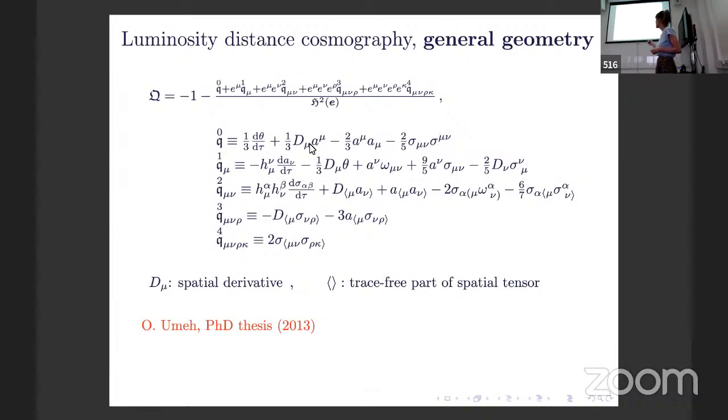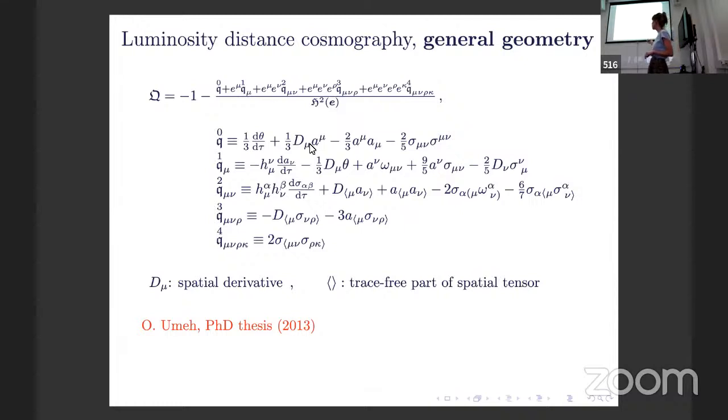Here you see a quite complicated hierarchy of multipoles that was first determined by Ume in his PhD thesis. And you see that, unlike the effective Hubble parameter that we might have guessed, the effective deceleration parameter looks rather complicated, and you just have to do the calculation to get all of the coefficients right here.